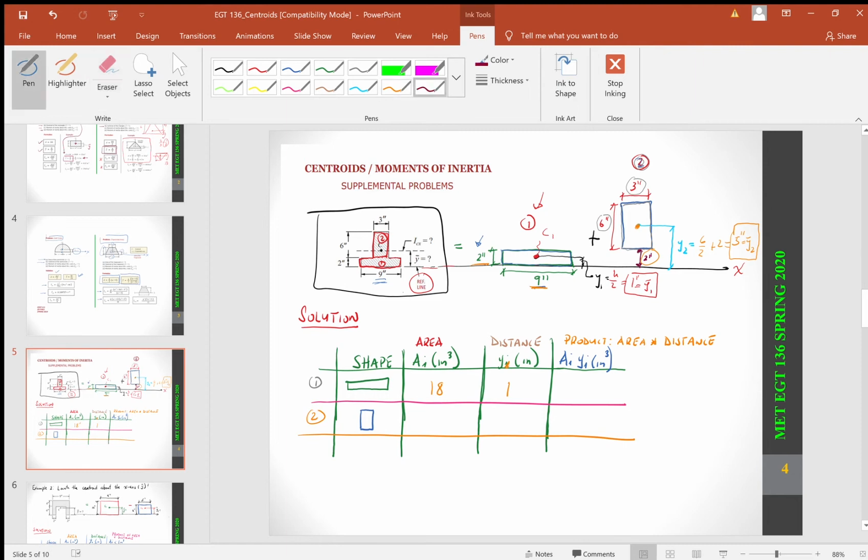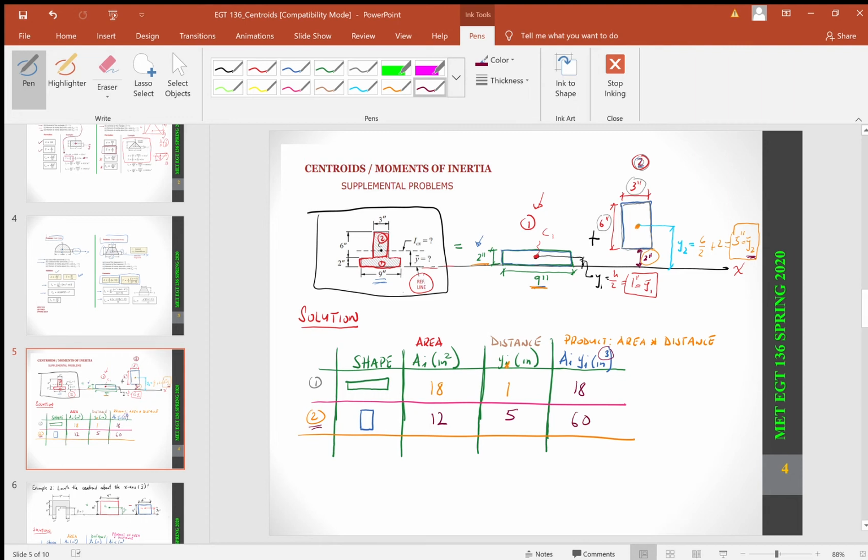Now, the product of the area and the distance would give me a cubed unit, since this is squared here. So this will give me 18 inches cubed. Now for geometric shape 2, I have 2 by 6, which is 12. And then the y2 was 5, and that gives me 60.